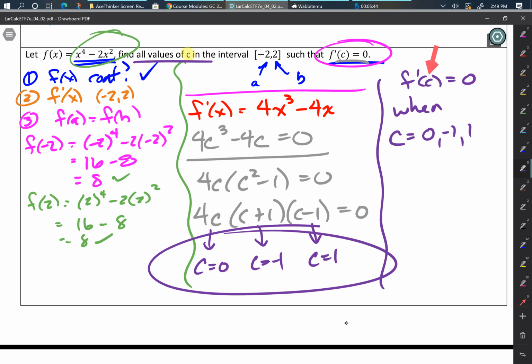B is the right-hand endpoint of this closed interval, and C represents the point somewhere in this interval where the derivative is equal to 0. So my labeling needs to reflect the precision that is necessary for the problem. So as math gets more complicated, precision gets more and more important.